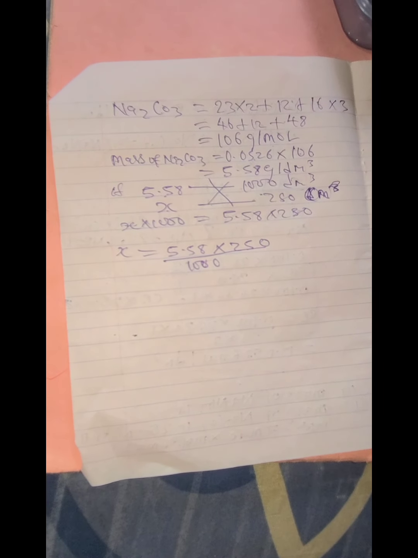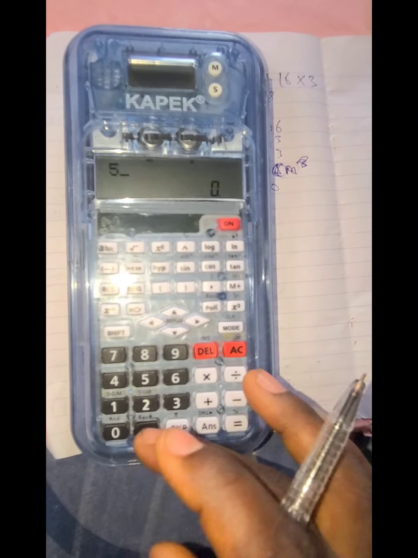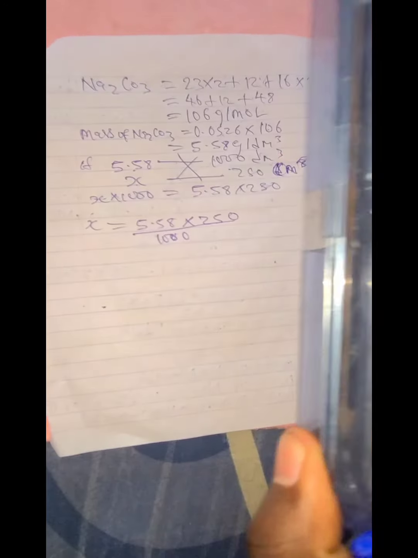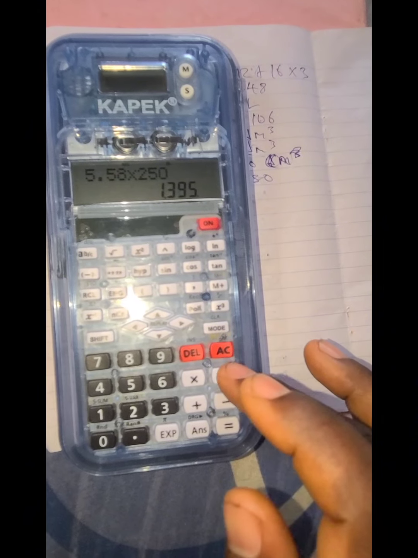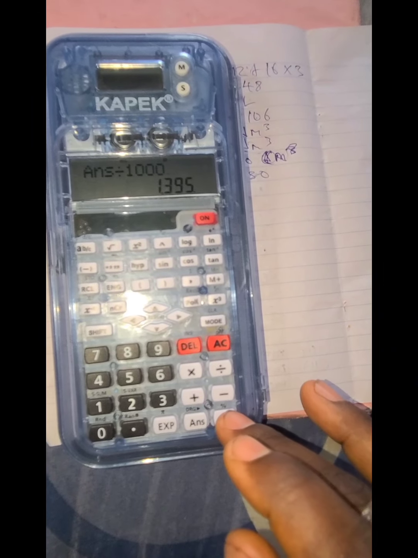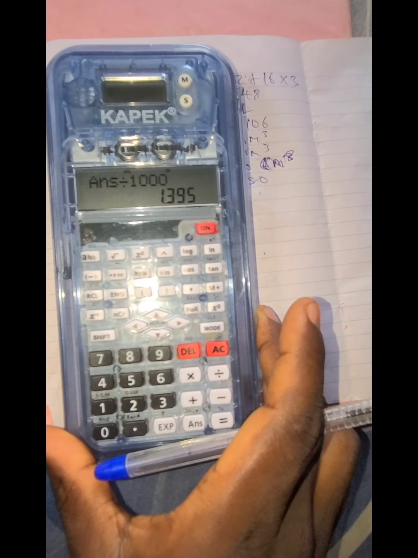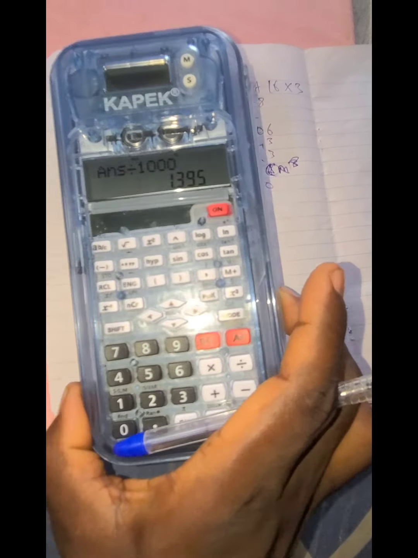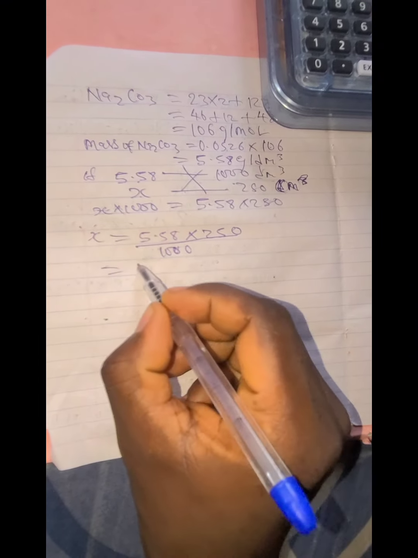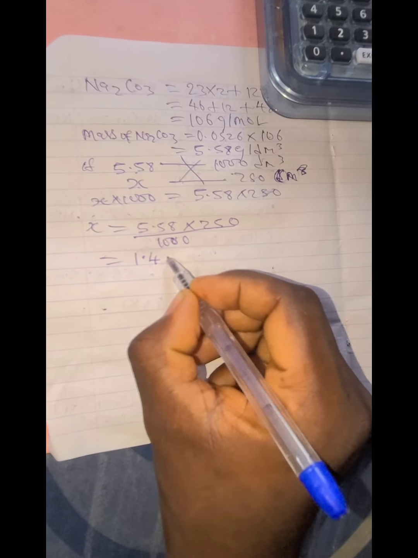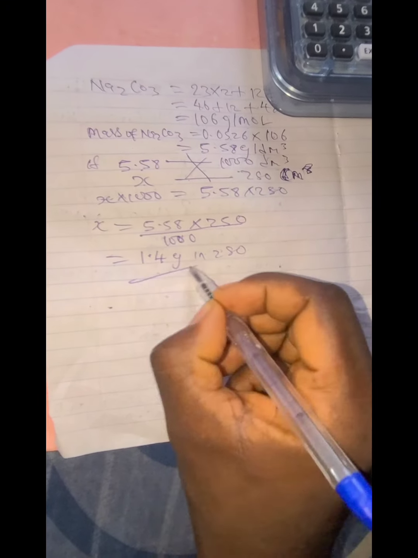Okay, so punching your calculator very fast. 5.58 times 250 divided by 1000 equals 1.39. So let's make it 1.4. I think it's better, 1.4. So equals 1.4 gram in 250. So our answer is 1.4 gram.